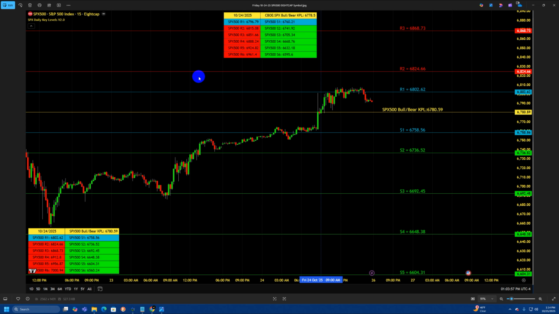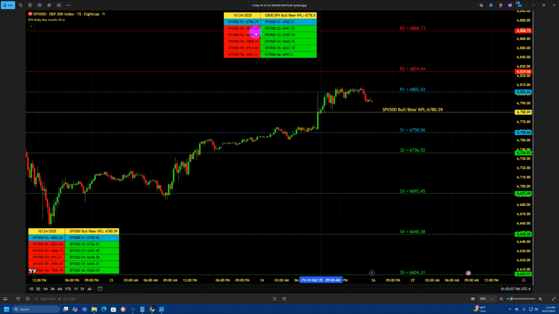The reason you would want a second chart open on this symbol as well as the CBOE SPX symbol is to get the levels for the CBOE SPX index 30 minutes before it opens at 9:30. When you have the indicator on this SPX 500 Forex symbol, as you can see here, there are two tables.